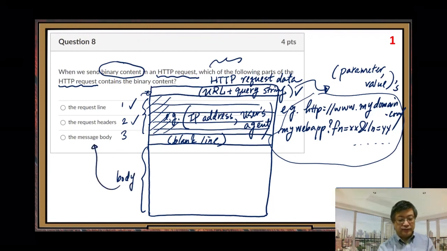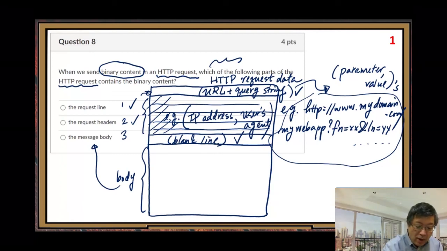If you do not use the blank line to separate, what is the boundary between the request header part and the request body part? So here, the blank line is used as the separator. Then the body part typically stores the data. The main part of the data you can put in the body part.